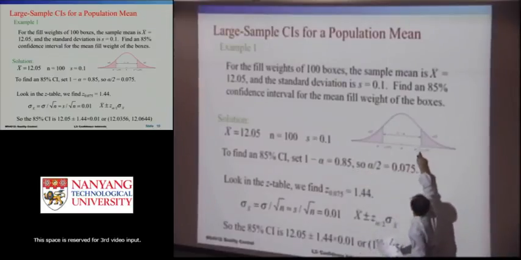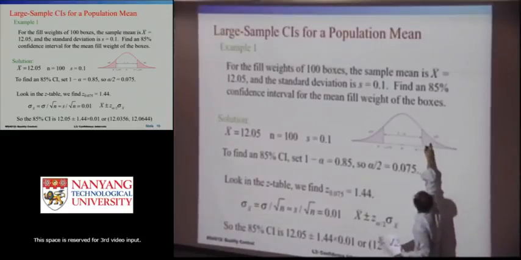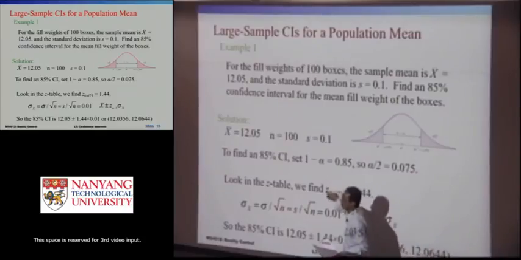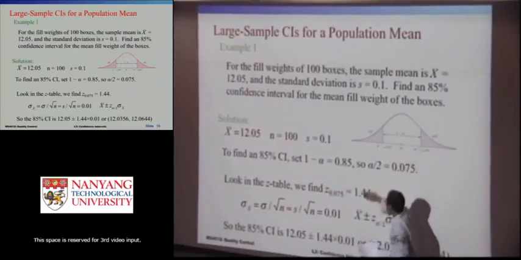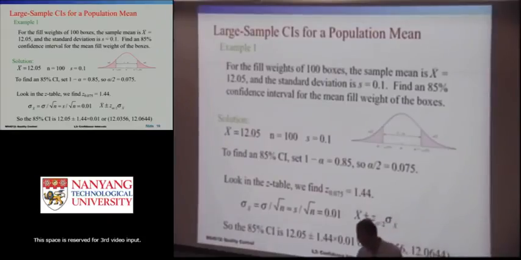So this alpha over 2 is the area in this tail, equals 0.075. And we can find the z value for this is 1.44. Okay?